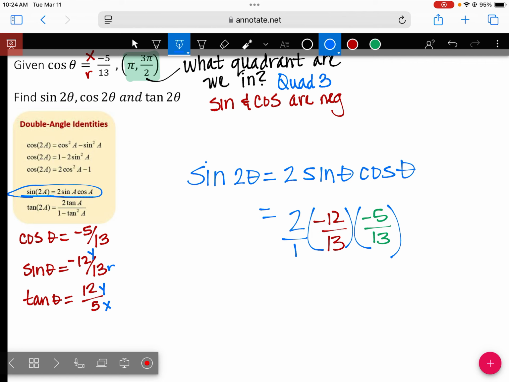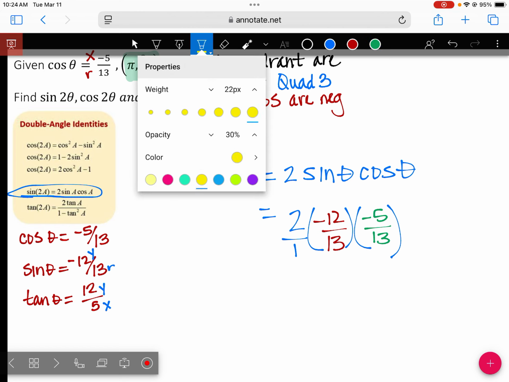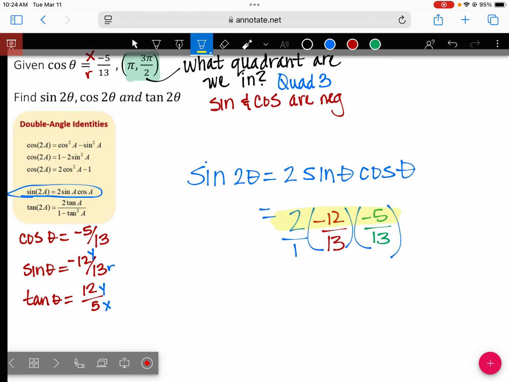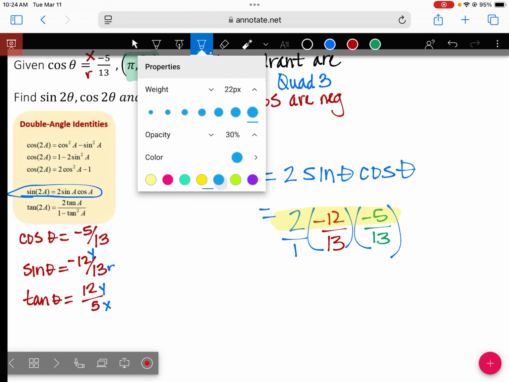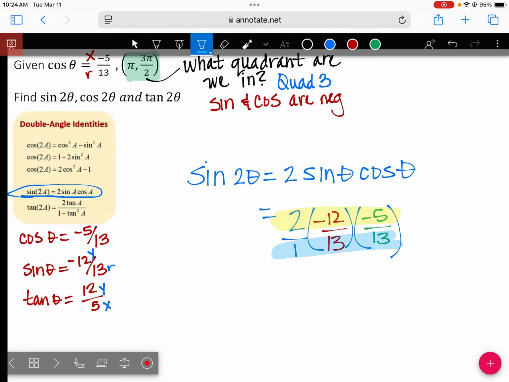So we're just multiplying straight across. Again, no calculator. You're multiplying all 3 of these numbers to get the numerator, and then all 3 of these numbers to get your denominator. So you're taking 2 times negative 12 times negative 5 over 1 times 13 times 13.